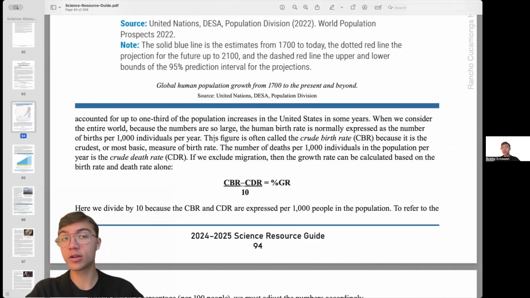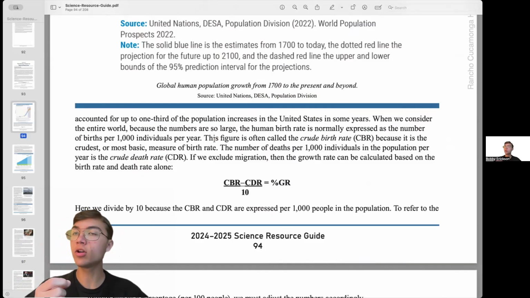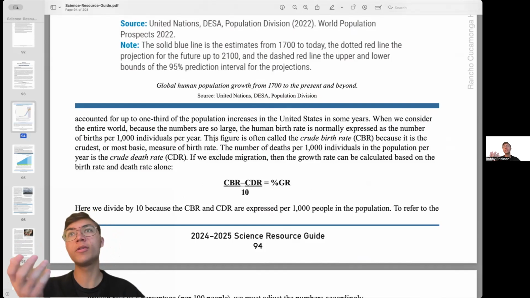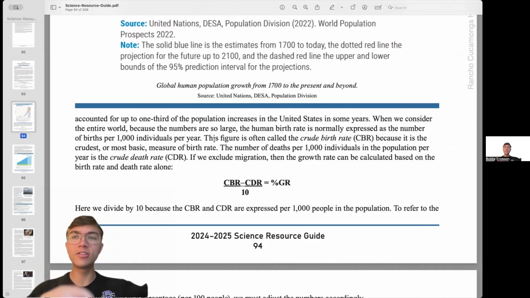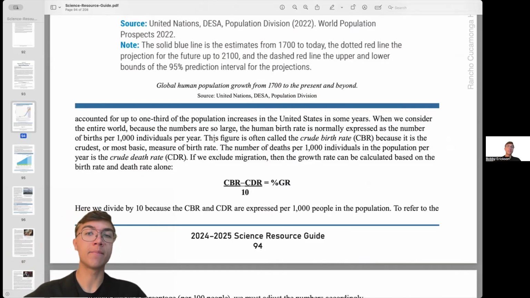So then if we're looking at all of the world, obviously we don't have immigrants and immigration into the Earth, unless we have aliens coming from space that we don't know about, that Area 51 found or something. But alas, we instead only look at birth and death rates in this case, and we can express for the entire Earth these things called crude birth rates and crude death rates.